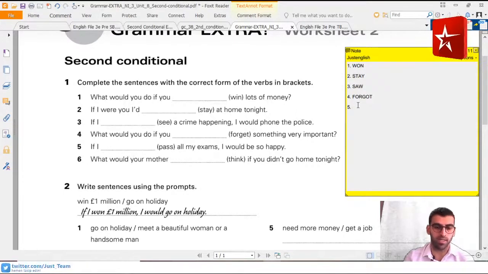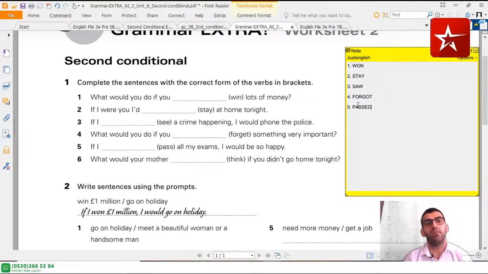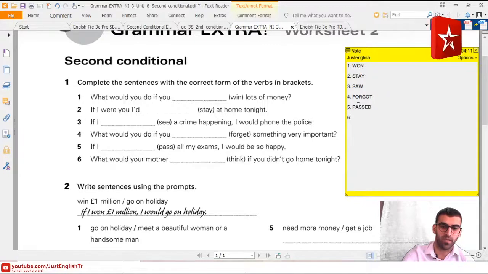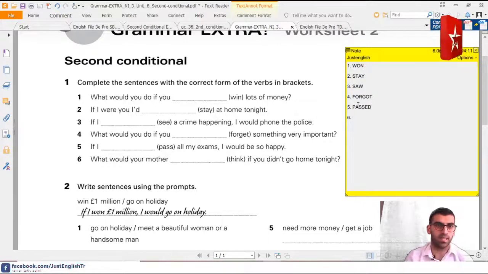If I passed, the past simple form of pass with ed, if I passed all my exams, I would be so happy. Great.